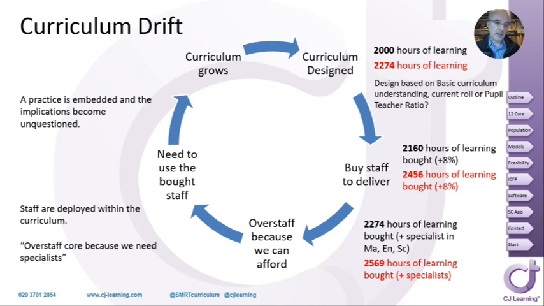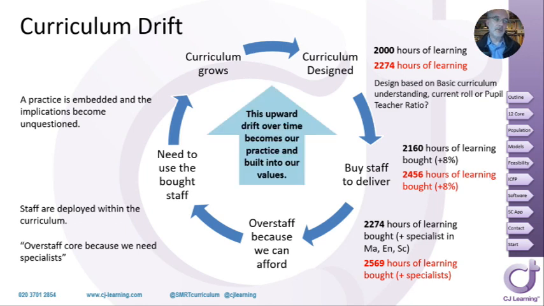The baseline is where we have this curriculum that's the right size for the children that are in the building at this time. In growing schools and reducing schools, that's even more challenging because the number of children within the school are changing year on year. But the idea of curriculum drift is the upward drift of planned curriculum time, because we embed certain values in our appointment and staff engagement strategies.